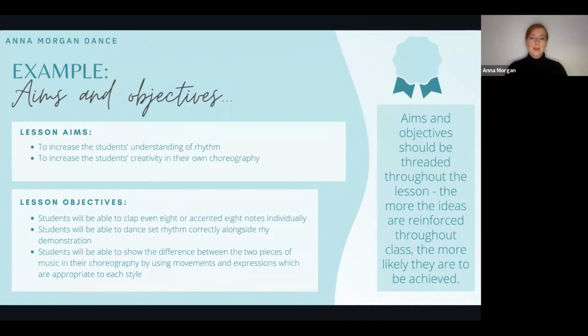So really think about that when you're setting your aims and objectives, because quite often a mistake that people make is they set something just to have written something because there's a box for it, and then they just do a random class that isn't to do with it at all. So the key thing you're marked on is, do you set appropriate aims and objectives, and do you actually integrate those into your class?